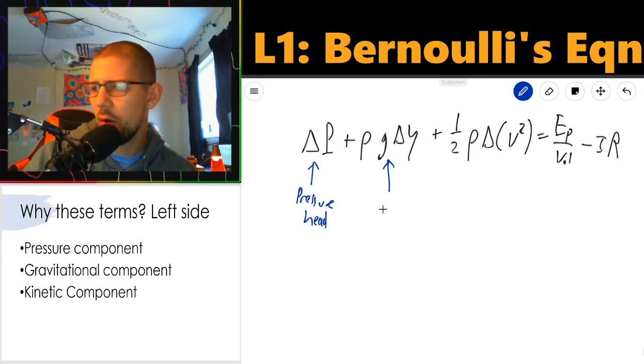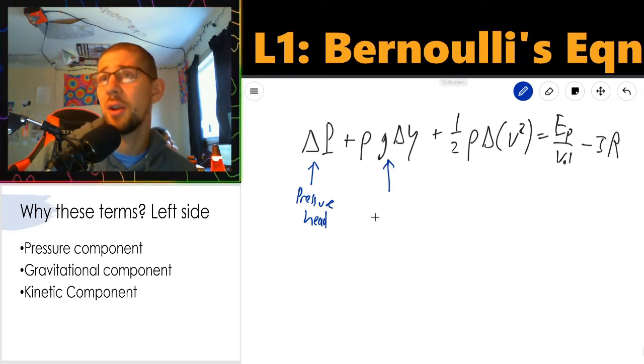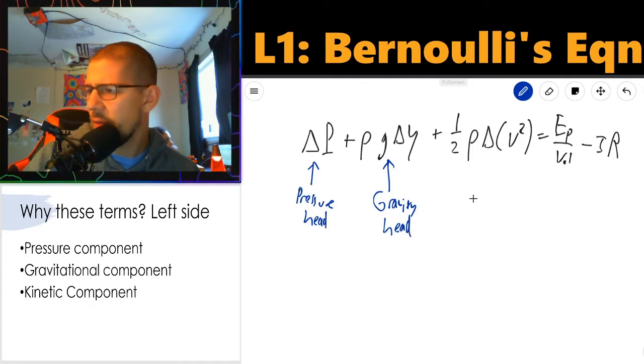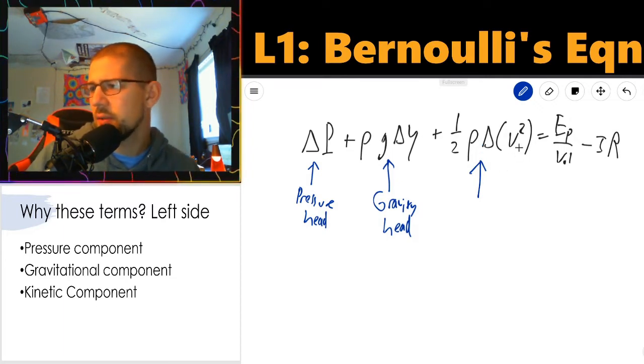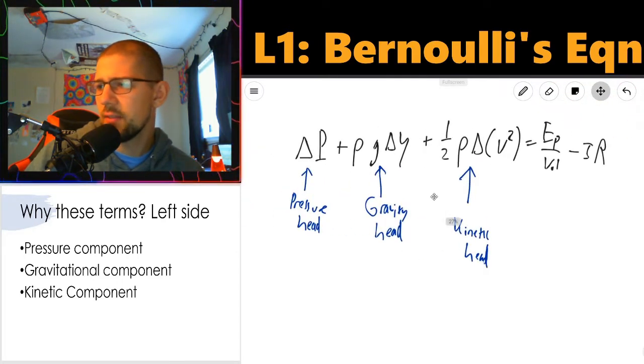The second one I call the gravitational potential energy head, or the gravitational potential energy density, or the gravitational head, or gravity head. And the last one is 1/2 times a density, which is kind of like a mass, times a speed squared. So this is going to turn out to be a kinetic energy density, or a kinetic head. Okay, cool. So that's the left-hand side.